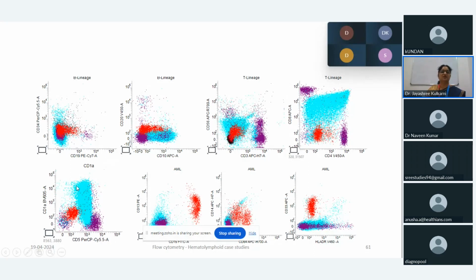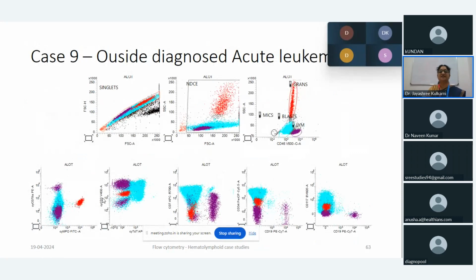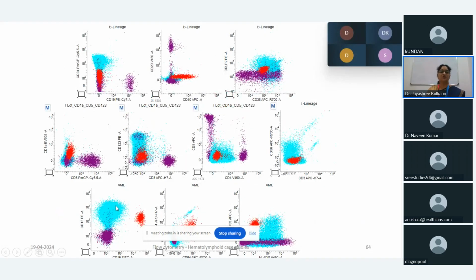So here your CD1a and 5 are positive. This is your T-ALL. Whereas in another, similar case, again your CD3 and TdT are positive. CD7 is bright positive here. CD34 is also positive. But what is also important to note is that CD13 and 33 are positive. Whenever in a T-ALL you get 13 and 33 without MPO.